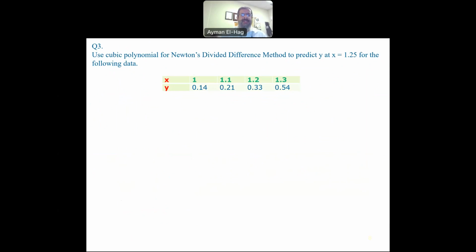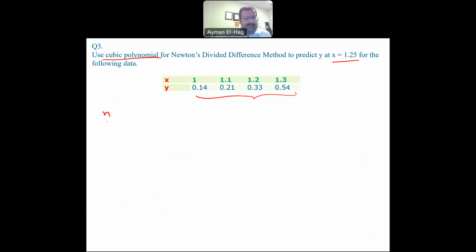The last question here says use cubic polynomial. So here we are giving the order, and we are using the highest order here, okay, because this is n equal to 4, so cubic is the highest. To predict at x equal to 1.25 now becomes very straightforward.